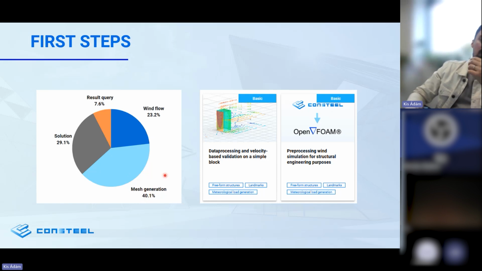Here you can see a diagram of the distribution of the different parameters. You can see that the mesh generation, the creation of the simulation mesh, is the largest part of this process, and the second most important thing is the solution. Only a small portion is how we introduce the wind flow and how we incorporate the standard logic or the standard wind profiles from the Eurocode.